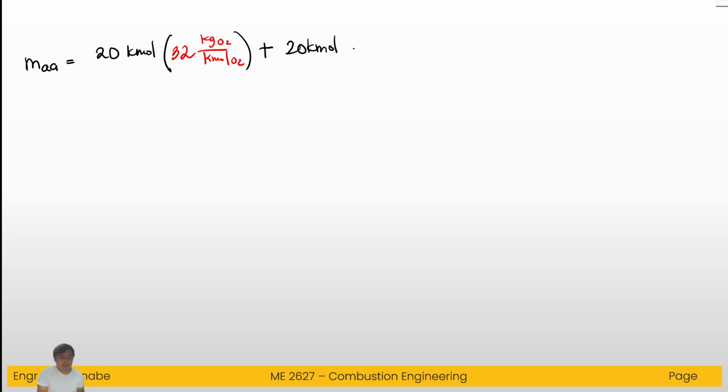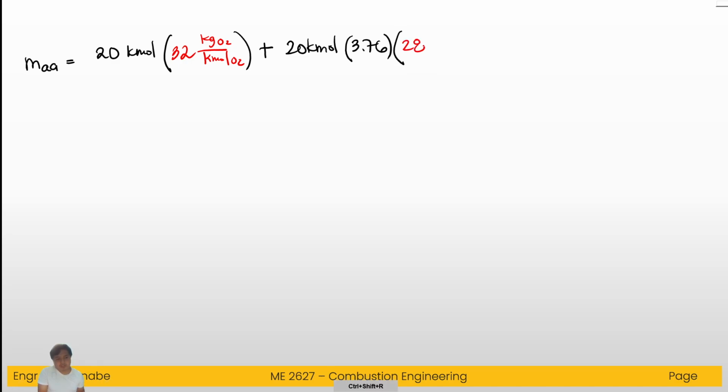So the other component is the nitrogen. Nitrogen has 3.76 more kilomoles, or molecules, than oxygen by volume. So we have to multiply this by 3.76, and then multiply this by the molecular weight of the nitrogen, which is 28.